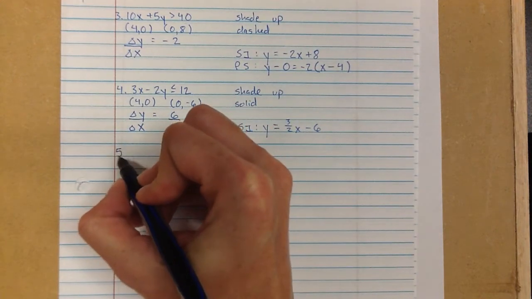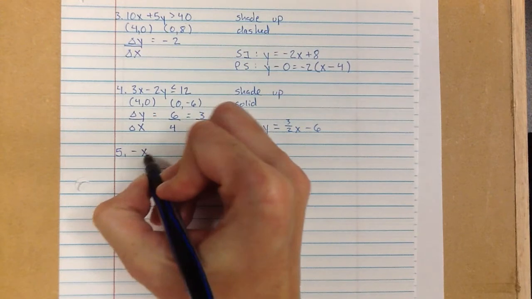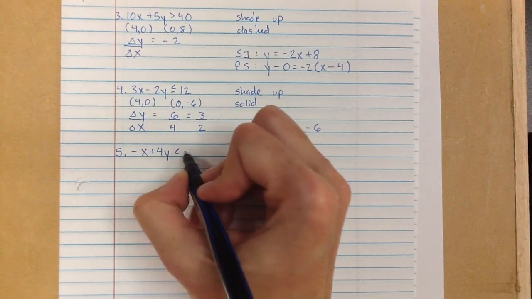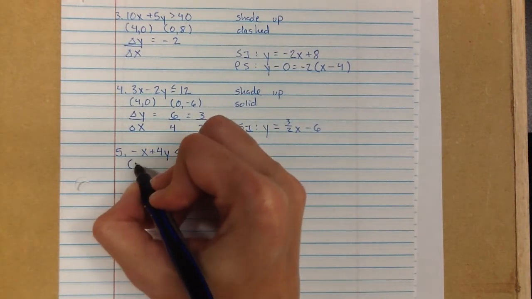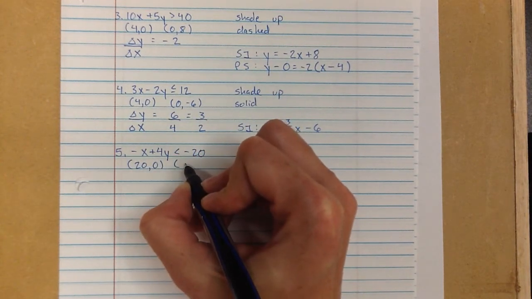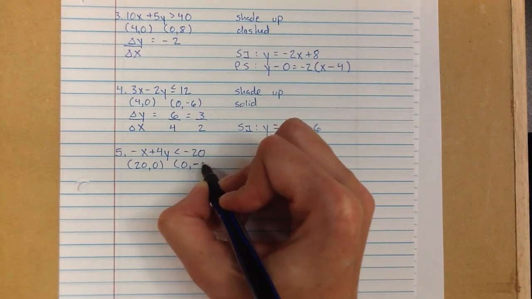Last one, 5. I got negative x plus 4y less than negative 20. X-intercept. (20, 0). Y-intercept. (0, -5).